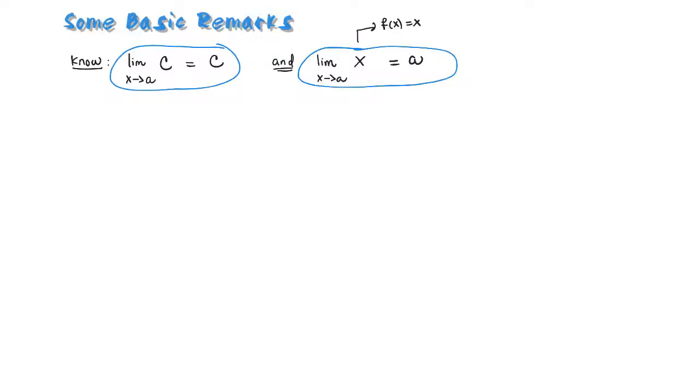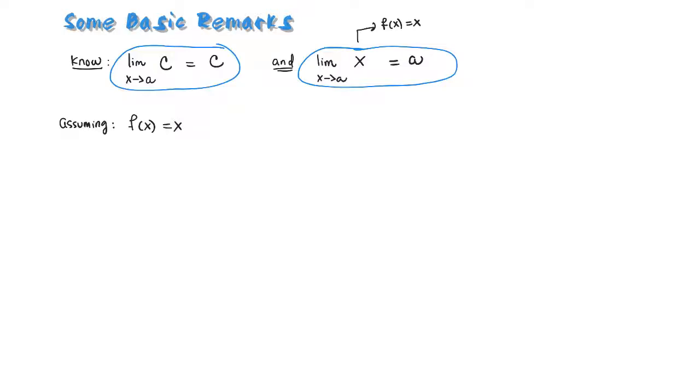So what happens now that we have the new properties of limits that we just discussed a few minutes ago? What happens if all of a sudden we want to find the limit of power functions? Here I am assuming that I am working with the function f of x equals x.